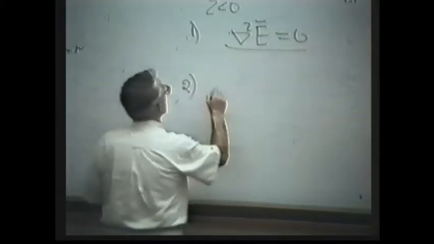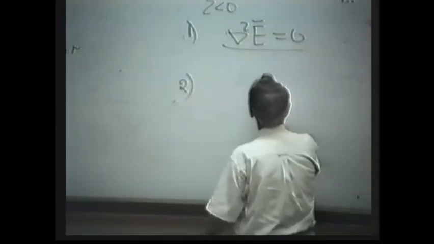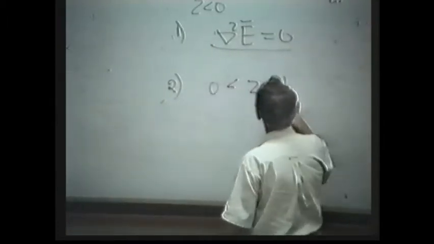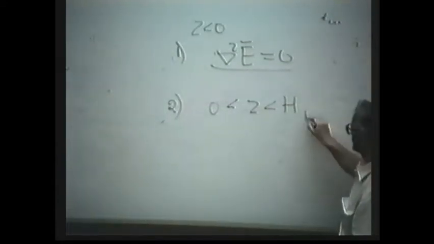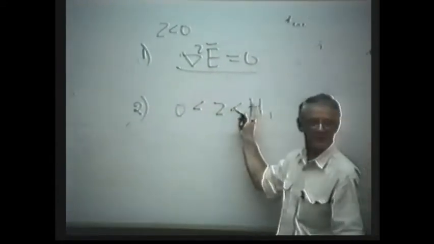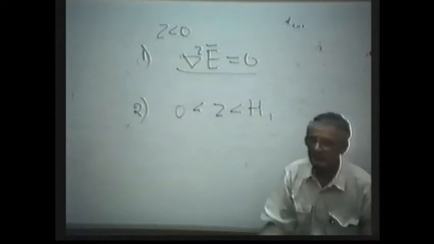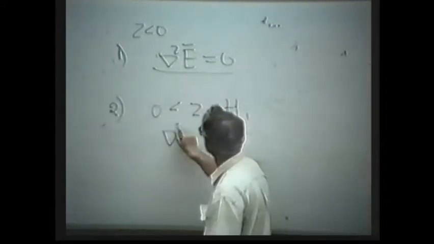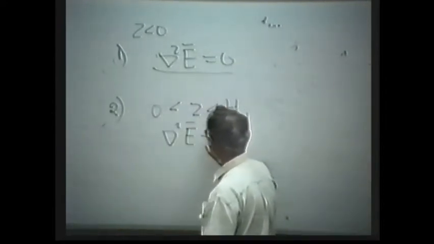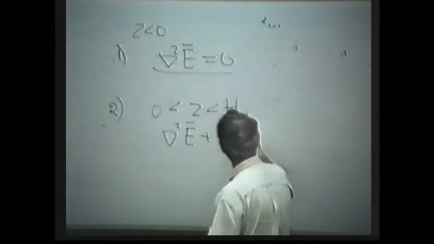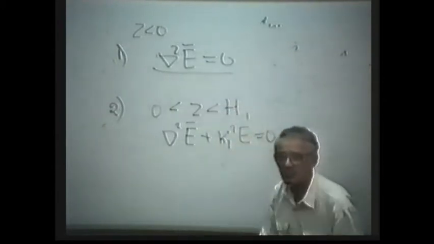Second, when Z is between 0 and H1, in the layer, we have the Helmholtz equation again, Laplacian of E plus k1 squared E equals 0.